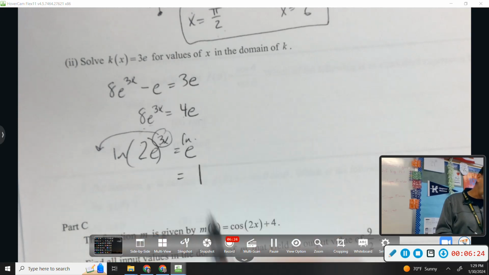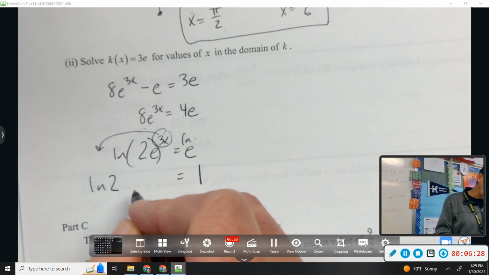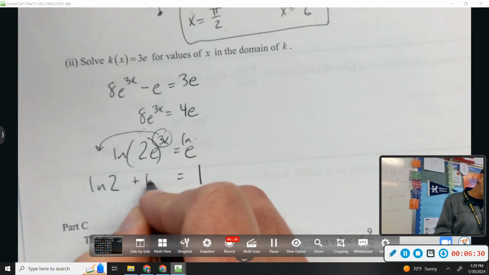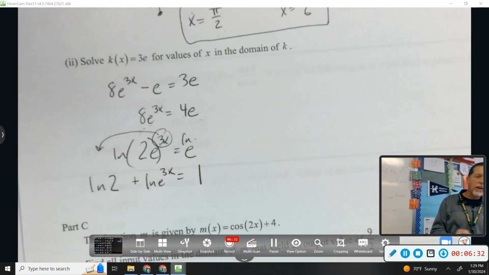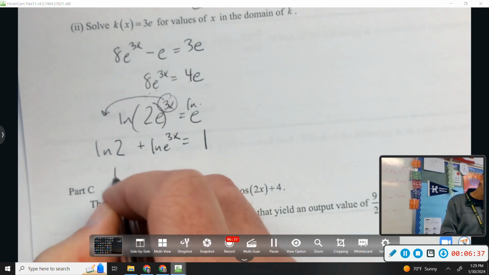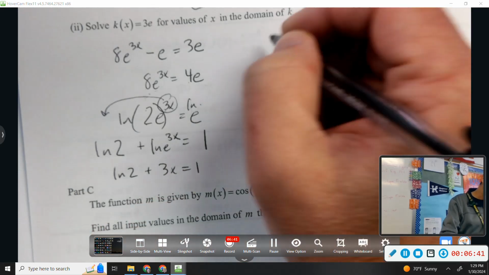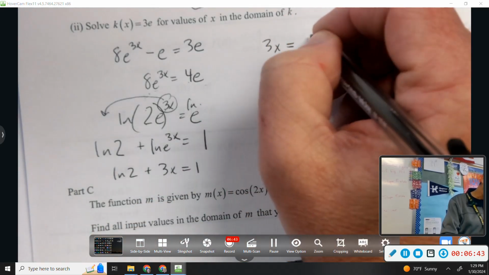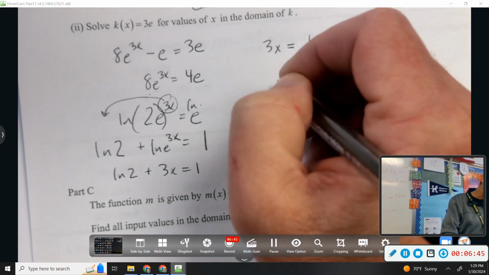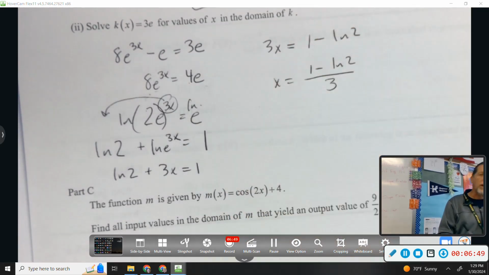So natural log of e is 1. On this side, I'd have to split that up. Natural log of 2 plus natural log of e to the 3x. So natural log of 2 plus 3x equals 1. All right, almost there. X equals 1 minus natural log of 2 over 3.